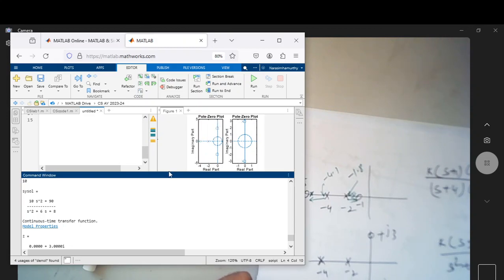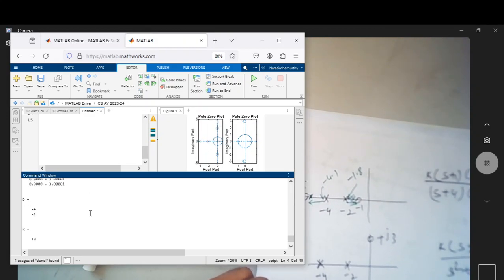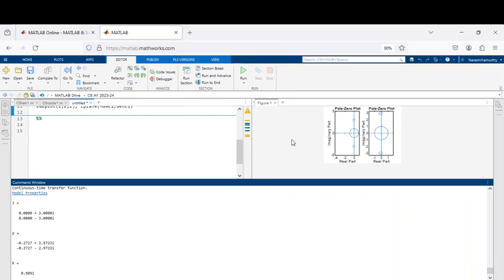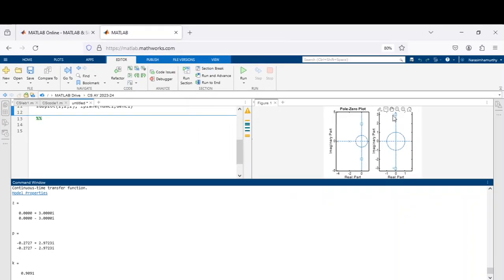So upon closing the loop, because this is the pole position and this is your 0 position, you can see j3 and -j3, and the moment I close the loop, the 0 is still at plus or minus j3. You can see the pole has started moving towards the 0. Can you see this is your pole position? You can see this is the pole, now it is at minus 2.9.